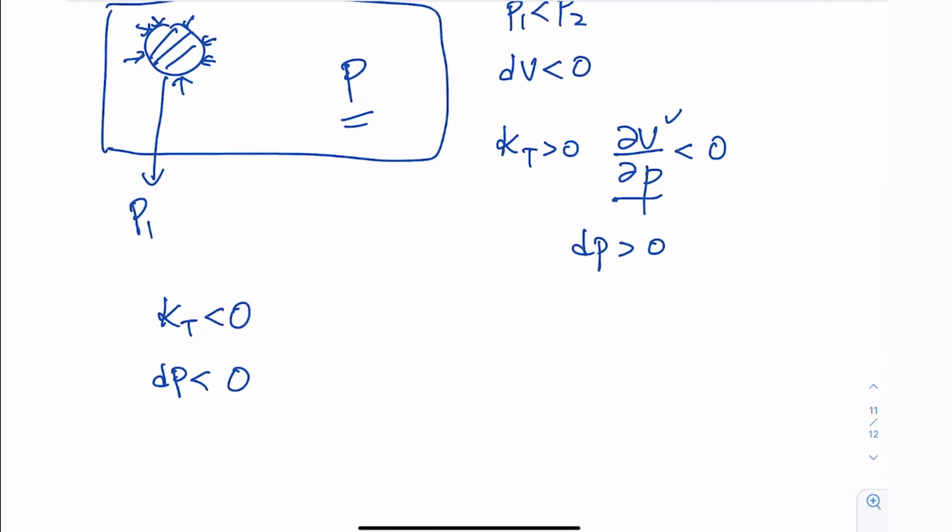Okay, so that means the fluctuation of your pressure will also be increased if kappa T is smaller than 0. So that also means that this system is mechanically unstable.